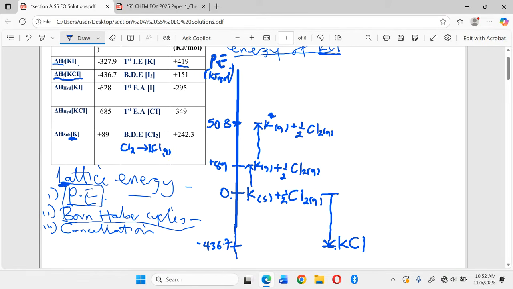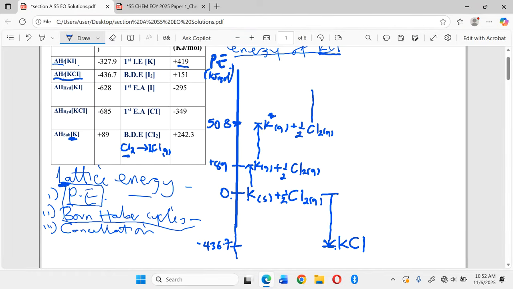So this one becomes 2 atoms. That is the bond dissociation energy of chlorine, the energy change when 1 mole of this substance is broken down into its gaseous atoms. So we are going to come on chlorine, and then we move.